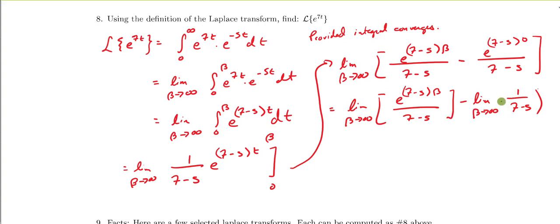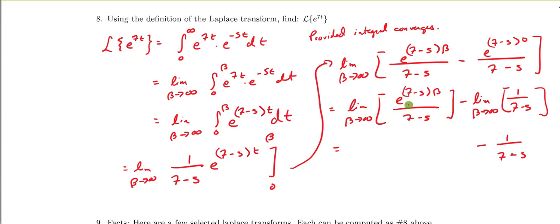That's fine. Put that in brackets just since everything else is in brackets. Now, this limit here is almost not even worth considering as a limit. It's the limit of a constant function, and so it will just be that constant. So that's going to give me right here a minus 1 over 7 minus s, and we'll clean that up in just a second.